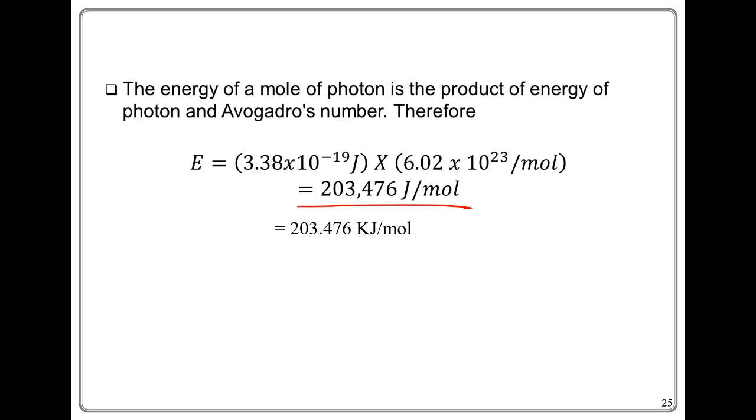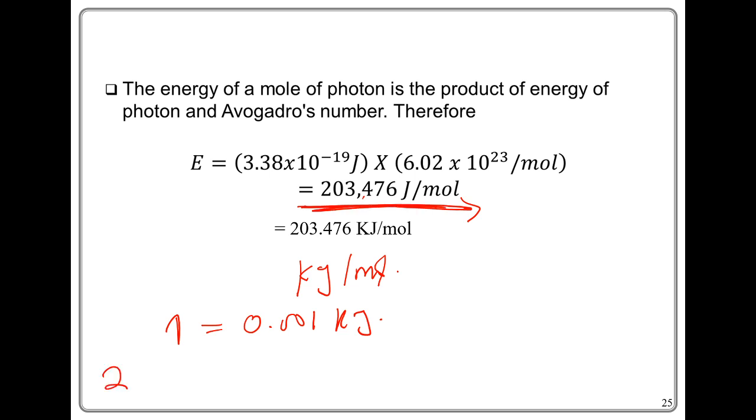So when you simplify that, you get 203,476 joules per mole. Now note that the answer requires it to be in kilojoules per mole. So you know that 1 joule is equivalent to 0.001 kilojoules. So you just substitute into this value.